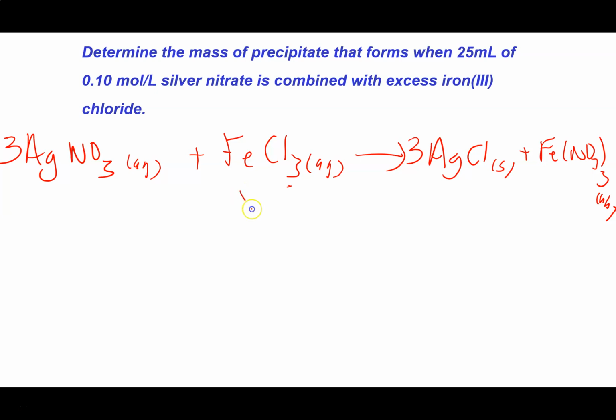Okay, as mentioned previously, that was in excess. I had 25 mL of this, and it was 0.1 molar. And I'm trying to figure out how many grams of that.